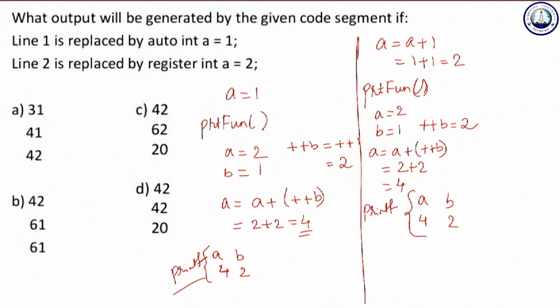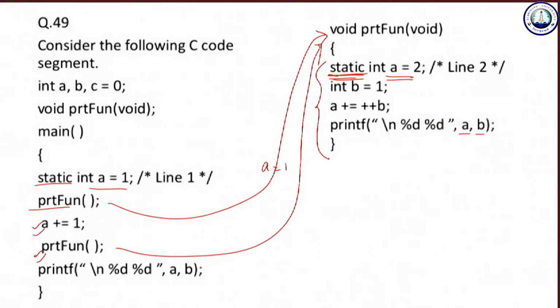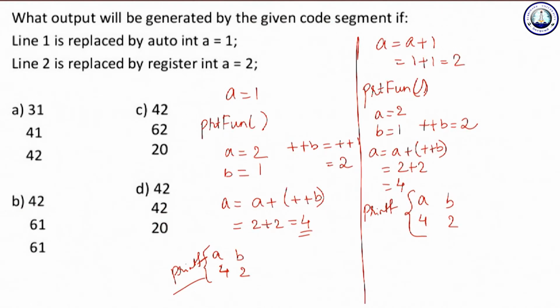Then if you go with this one here, printf a, b. What is the value of a? Your value of a is, from here, 2, right. So the value of a is 2 and b is not being updated, so b will be 0.